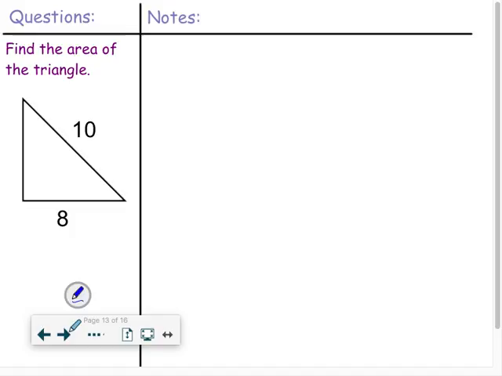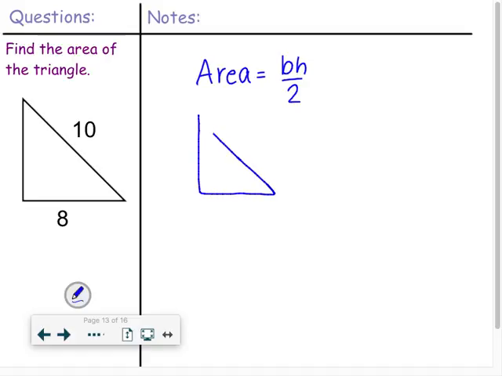Our last problem is to find the area of a triangle. Remember, area is base times height divided by 2. Base times height divided by 2. For this triangle, we know 2 of the sides. We don't know the third side.